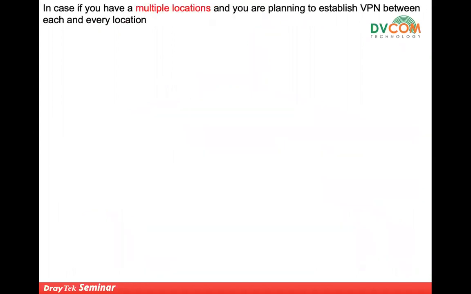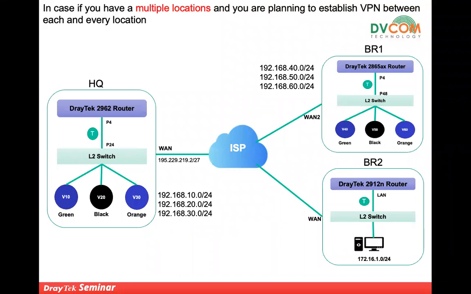And next, in case you have multiple locations and you are planning to establish VPN between each and every location. By the way, as you see, guys, I have an HQ, branch 1 and branch 2. So here, by seeing this, we can understand that I'm going to establish one VPN tunnel from HQ to branch 1, and another VPN tunnel from HQ to branch 2. Then people can communicate from branch 1 to HQ and branch 2 to HQ.